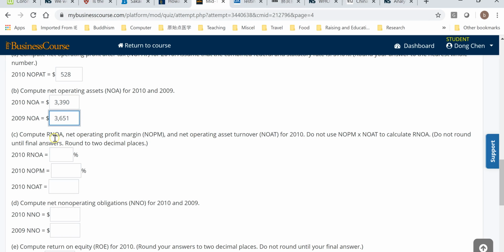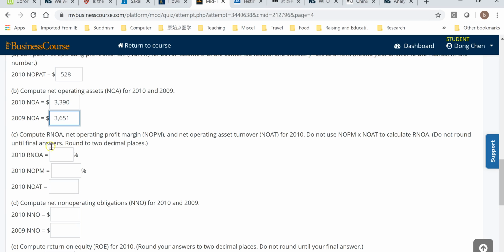Here, compute RNOA, net operating profit margin, and the net operating asset turnover for 2010. Do not use NOPM, net operating profit margin, times net operating asset turnover to calculate RNOA. We need to just use the definition to calculate these items.